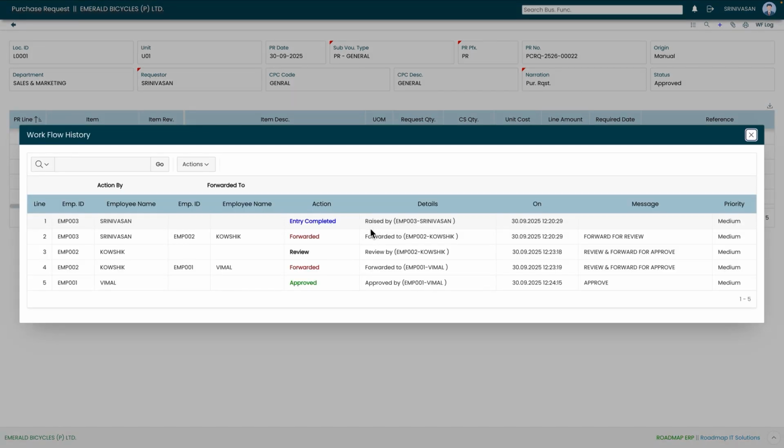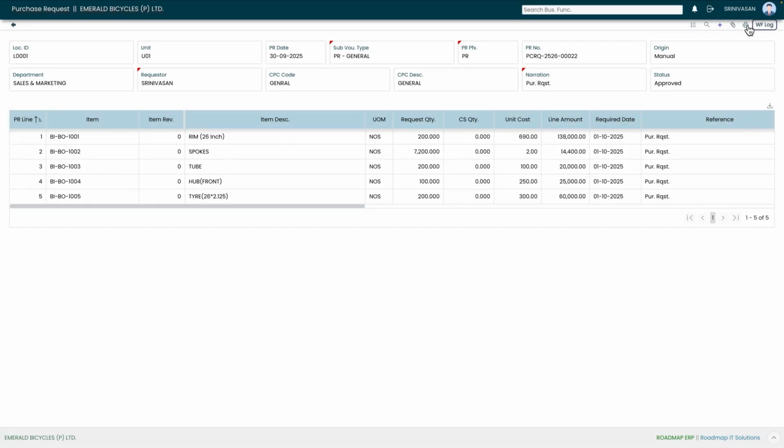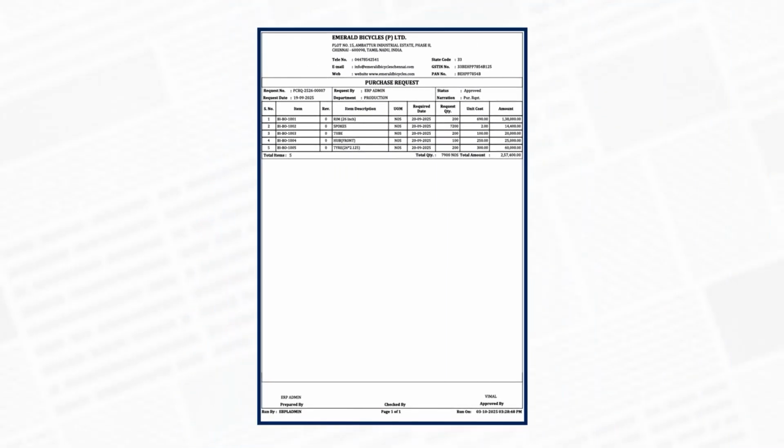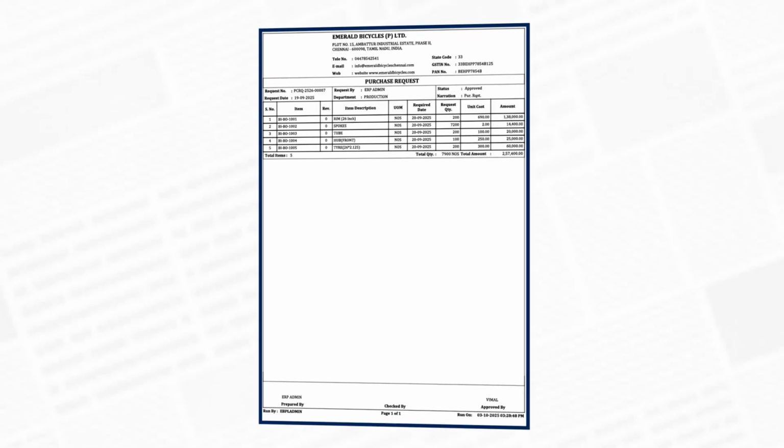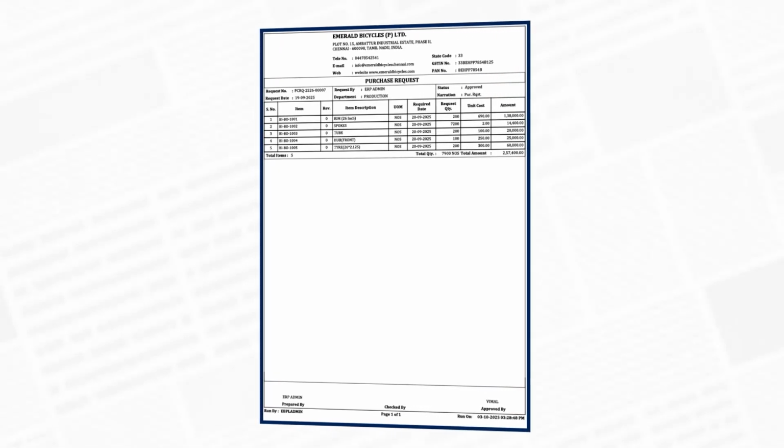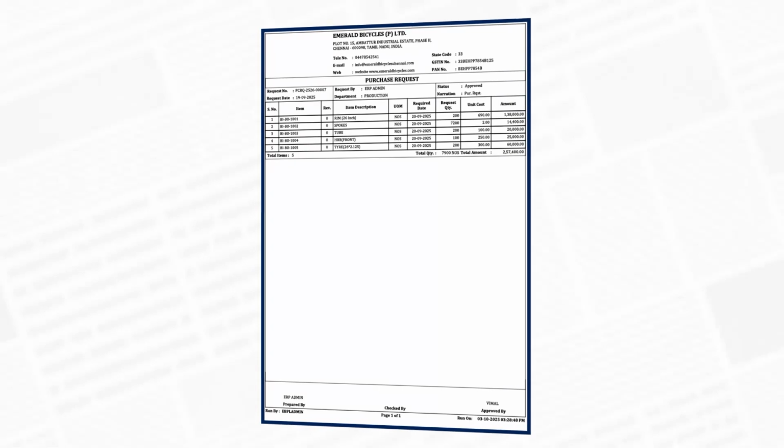Here this workflow history is a chronological record of actions taken on your purchase request. It captures who did what, when, and what the status became, and ensures transparency, accountability, and compliance. And this print icon generates a report. When you click on the print icon, a report of the purchase request gets generated, which holds your request number, request date, request by person who is the purchase user, and the department.